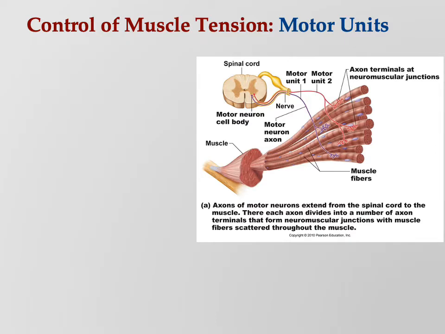Okay, so let's talk about how muscles can generate different amounts of muscle tension, basically different amounts of force. So think about, you're going to pick up something that doesn't weigh very much, like an orange, or you're going to pick up the battery for your car, which weighs a lot more than an orange does.